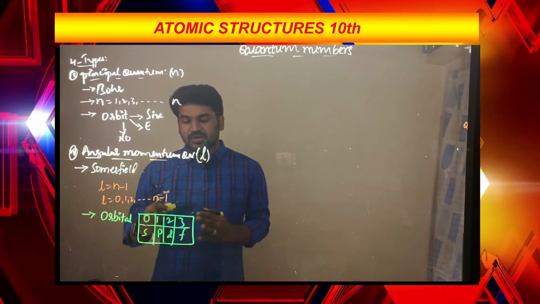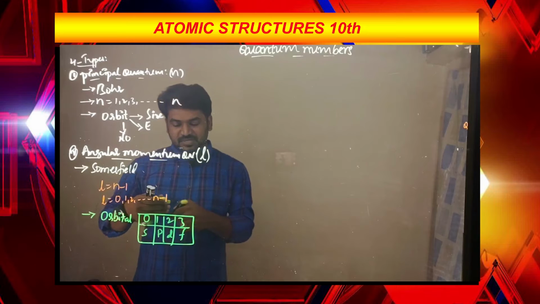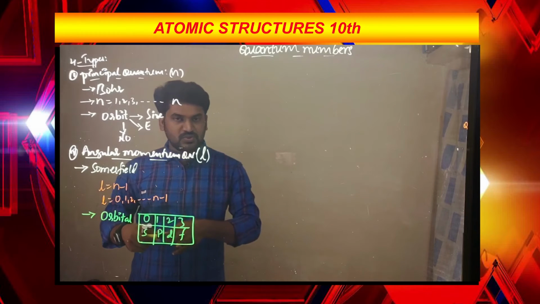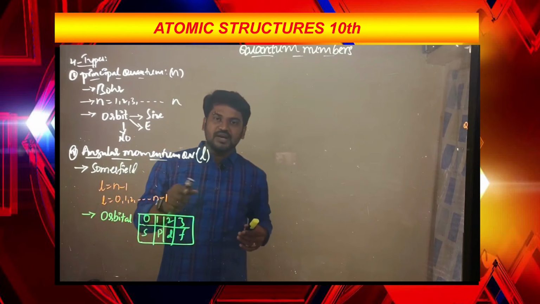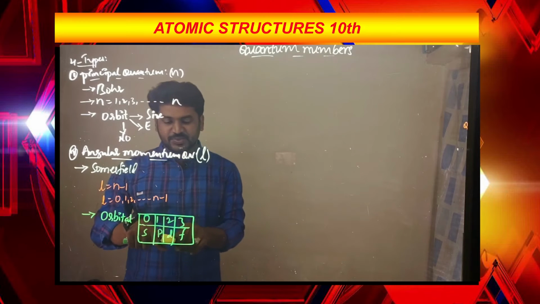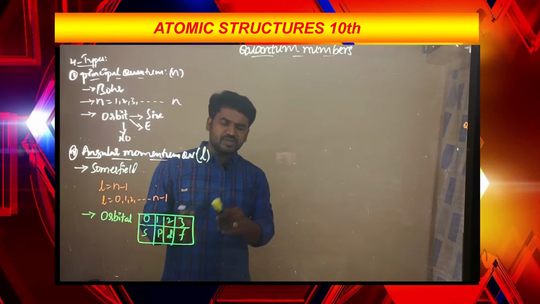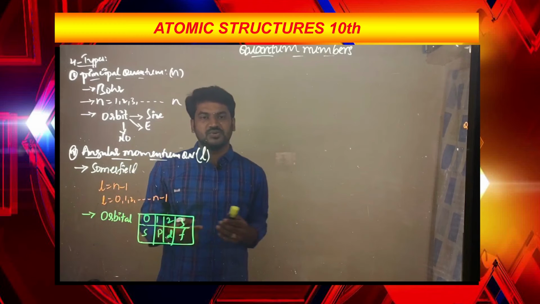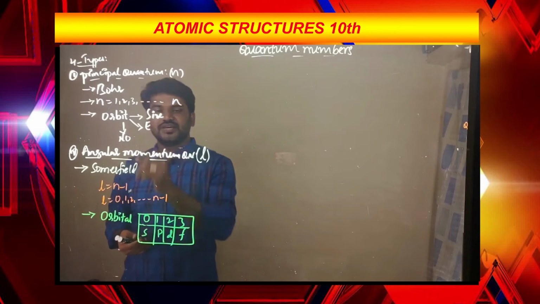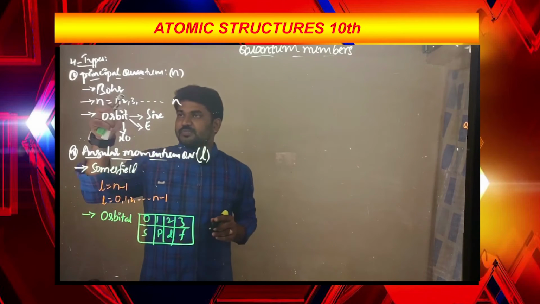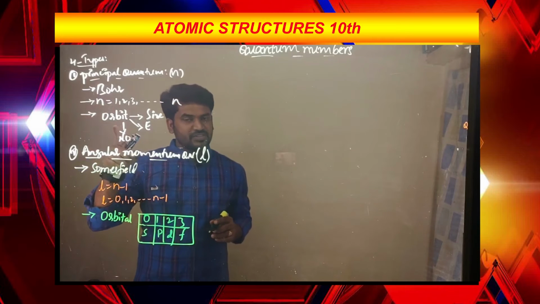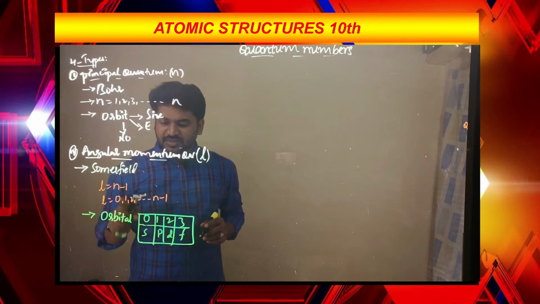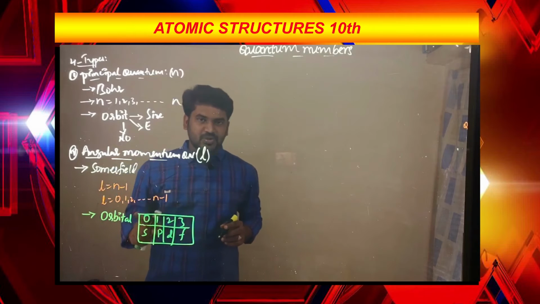Just remember now that the values are 0, 1, 2, 3, and the orbitals are S, P, D, and F. Further, it continues like that. So the principal quantum number gives the information about the orbit, and the angular momentum gives the information about the orbital.